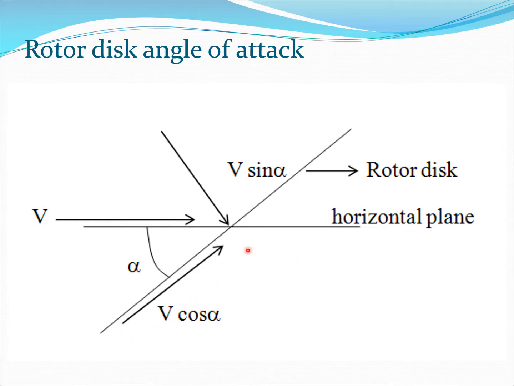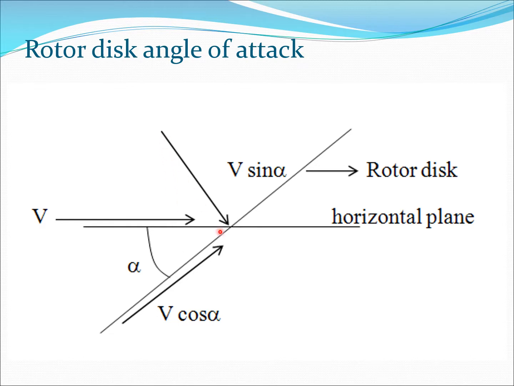Now if we see the rotor disc, it's typically in this manner and has an inclination in forward flight. So the velocity comes from the forward direction. You have the rotor disc here, and therefore the velocity can be resolved into two components.